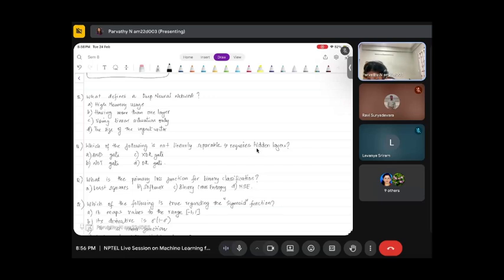Some of the key things to remember: sigmoid has a value between 0 and 1, and the derivative of sigmoid is sigma of z into 1 minus sigma of z. The gradient expression for logistic regression is somewhat similar to the gradient expression for linear regression.